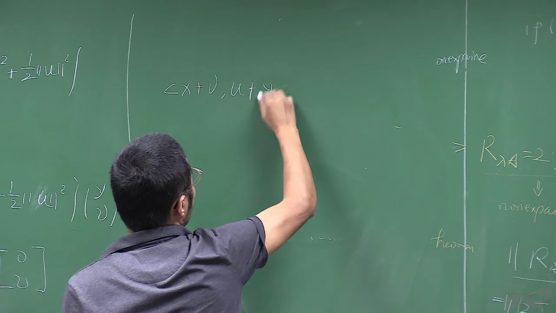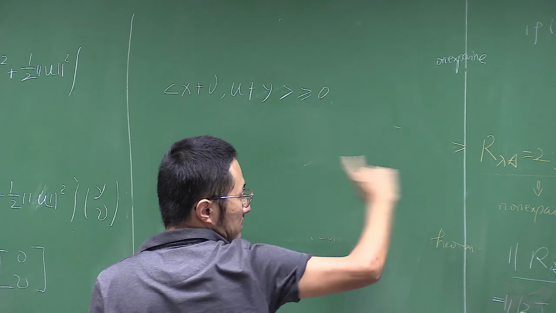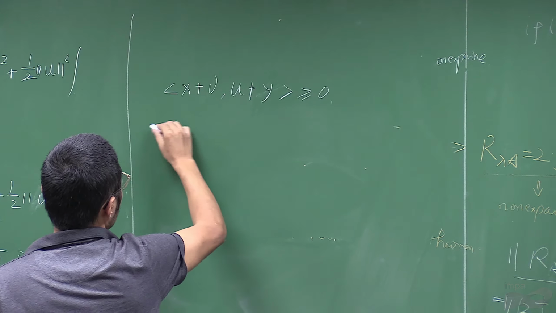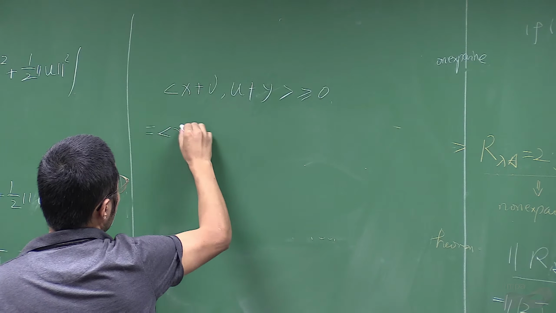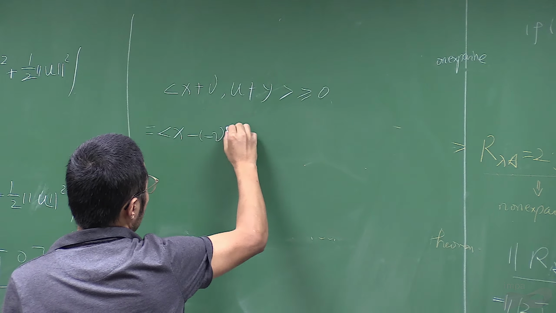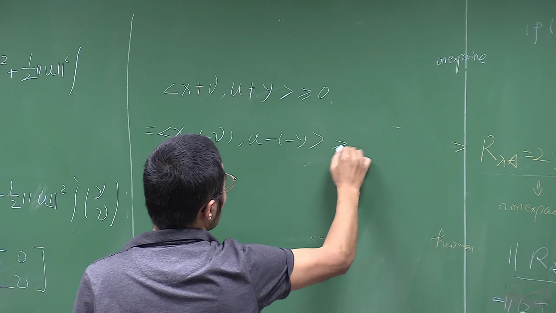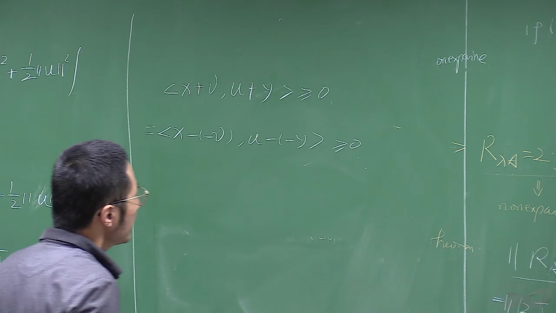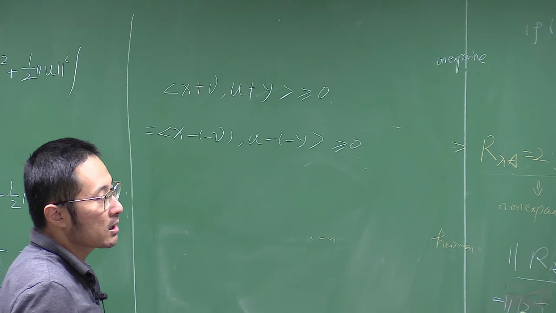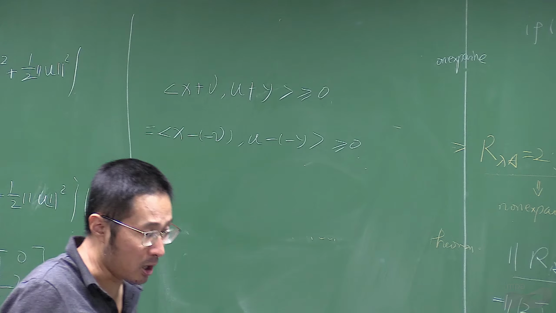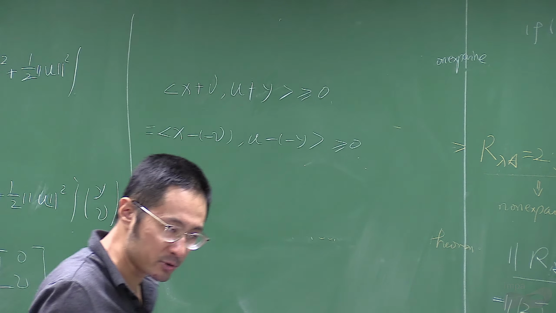U plus y is greater than 0 because the square norm is greater than 0. So you can write this term as x minus v, u minus y is greater than 0. Okay, so because the A is maximal monotone operators, recall the definition of maximal monotone.